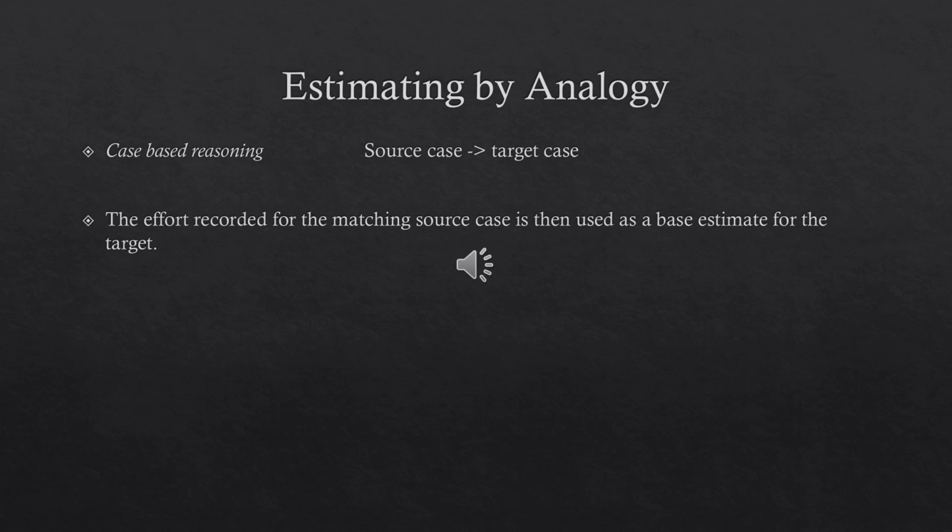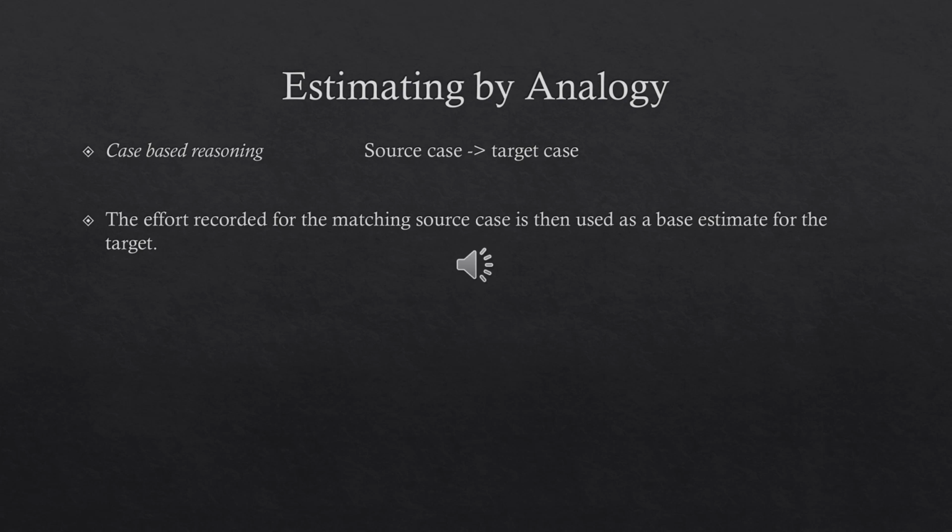So here the estimator identifies the differences between the target case and the source case, the difference between the completed projects and the new project, and adjusts the base estimate to produce an estimate for the new project.